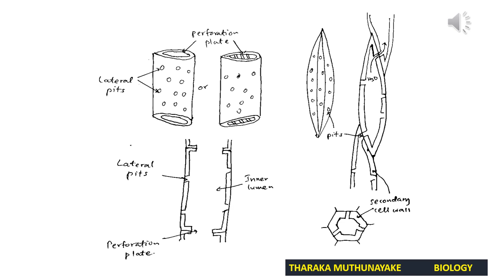In vessel elements, water is conducted through these perforation plates from one vessel element to the next. Again, water transportation is indicated using an arrow. Here water is conducted from one tracheid to the next tracheid through the pit found in the common cell wall. Both have lateral pits.